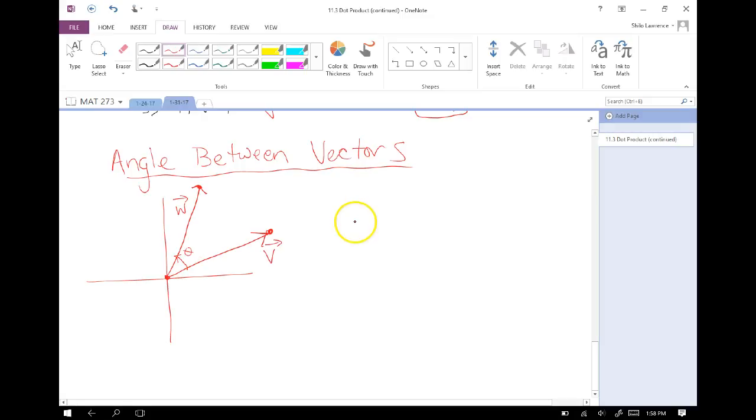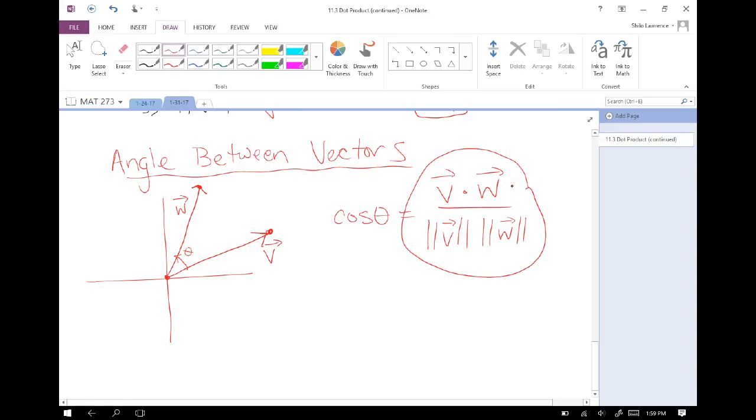But with the dot product, there is a nice simple formula that says cosine of theta is V dot W divided by the magnitude of V and the magnitude of W. This fraction will give us the cosine of that angle.